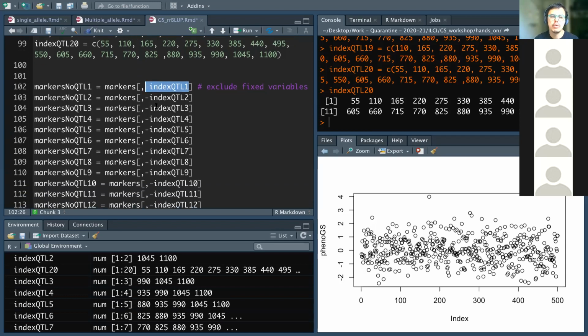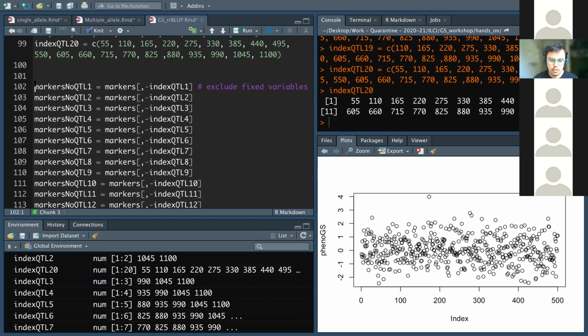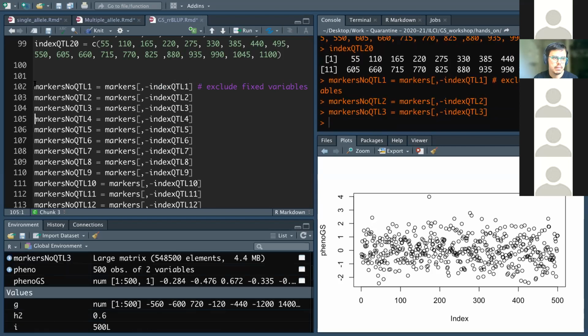Basically, we're going to create 20 different data sets, and in each data set, we're going to use different fixed variables. Go ahead, Antoine.